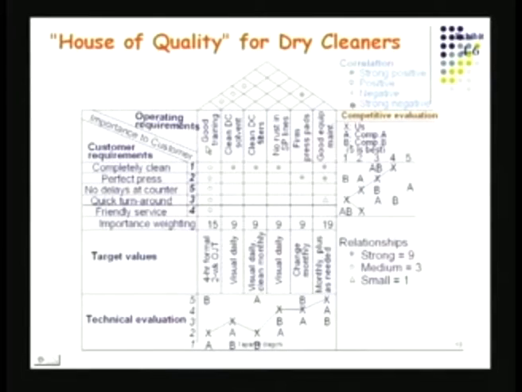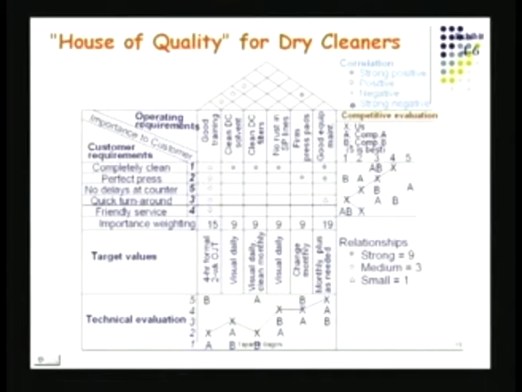Then I get my design team together. These are the people who are knowledgeable about the operation of a dry cleaning shop. They have worked in similar areas. They have probably run some shops, and some machines that do dry cleaning, for example. So they say, well, to be able to deliver these things, we require good training.